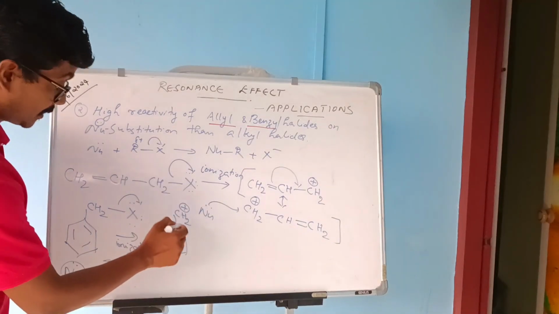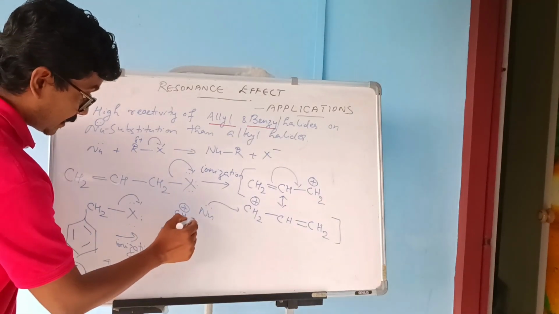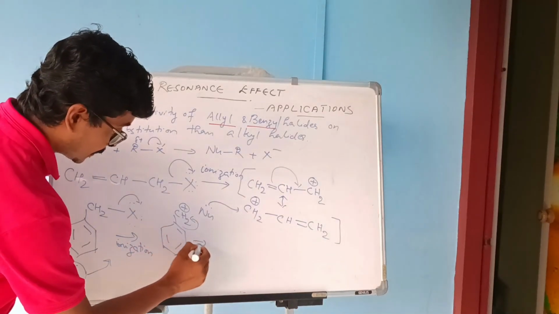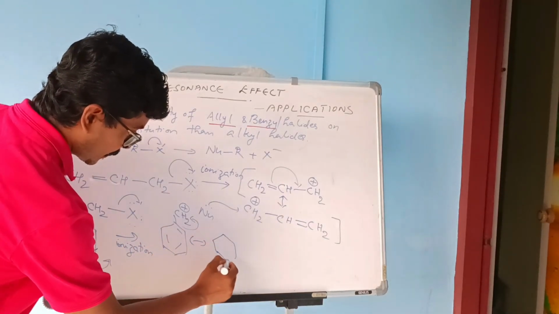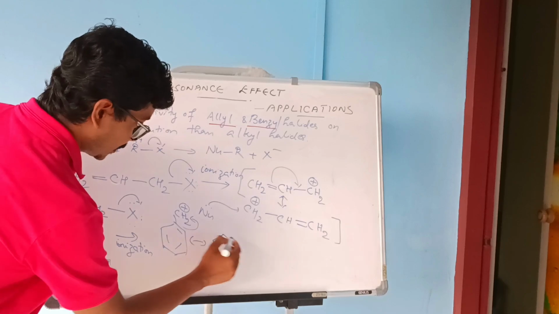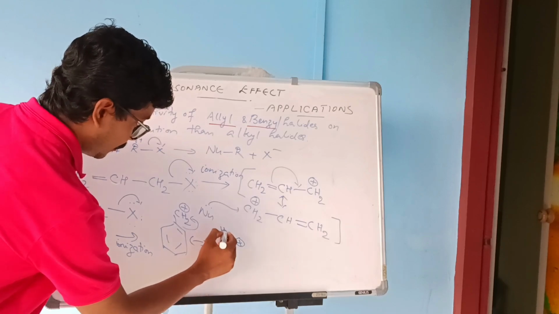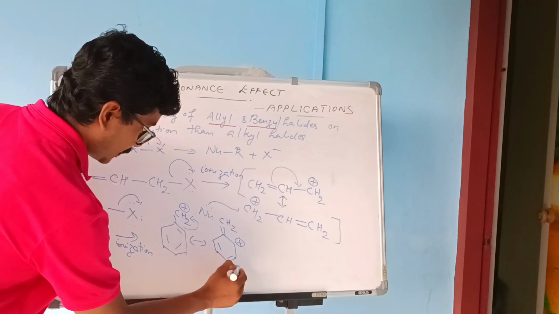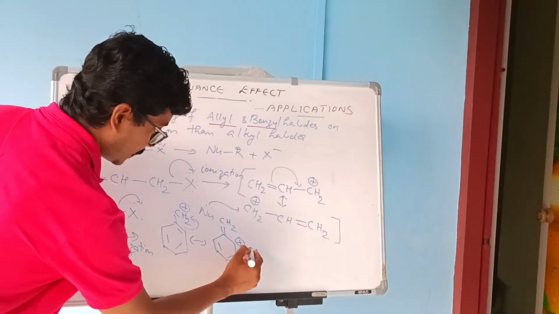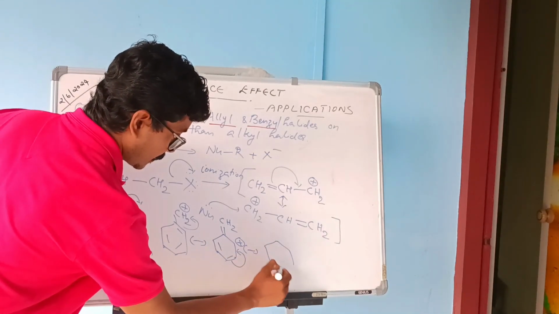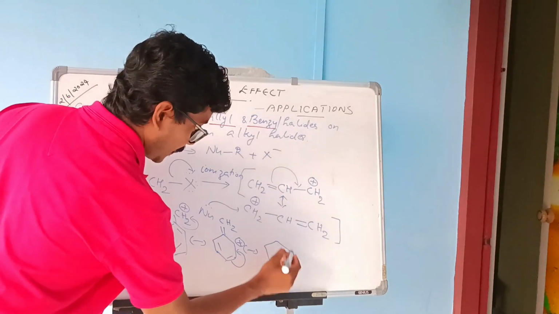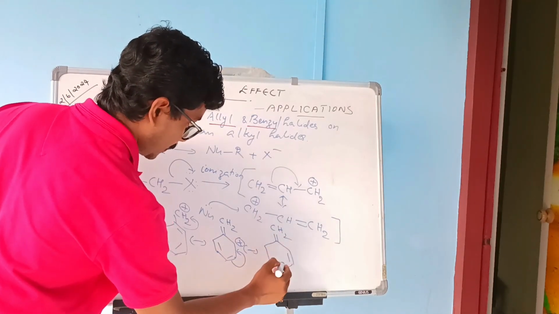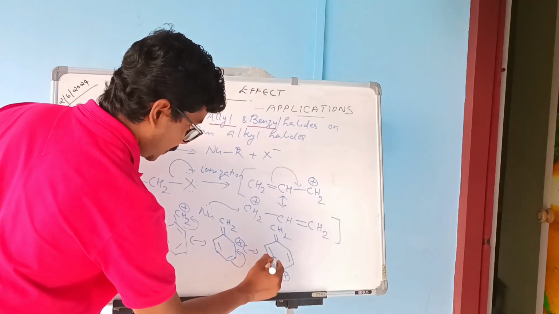As a result of that, it will go to resonance. So the positive charge comes here, the double bond comes between here. This comes to here. The double bond comes to here. A positive charge comes here.